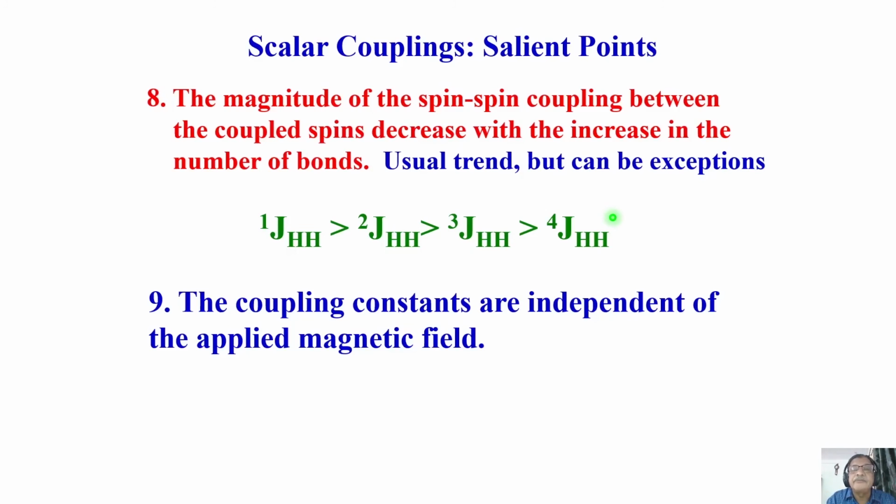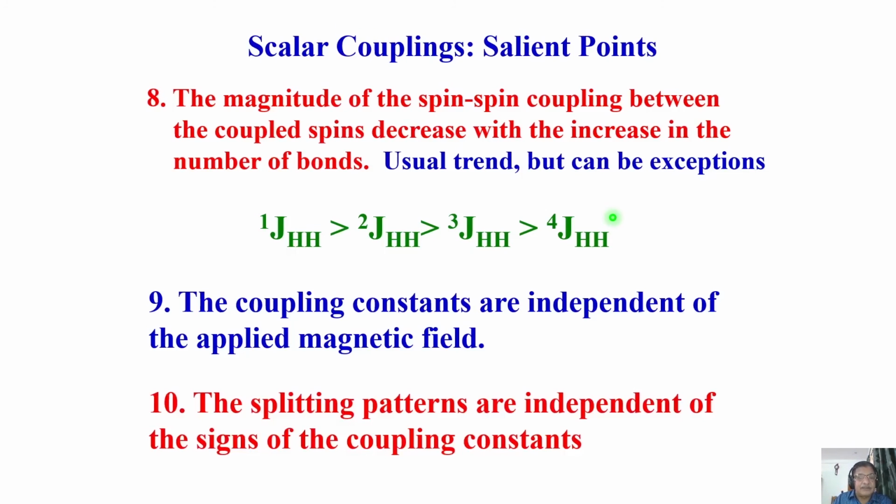It is field independent. Remember, chemical shift was field dependent. See the beauty of NMR. Chemical shift was dependent on the field, it was linearly changing, whereas couplings are independent of the magnetic field. Whatever the spectrometer you measure on, coupling will not change. Okay, it remains the same.